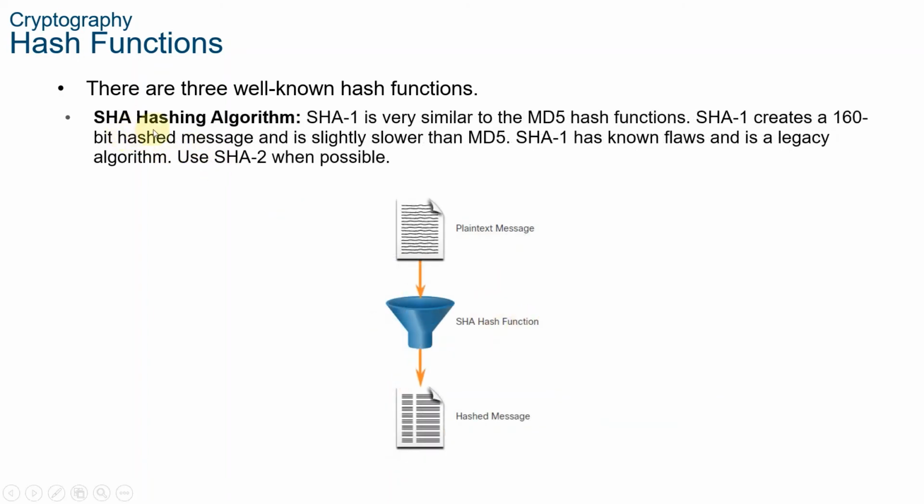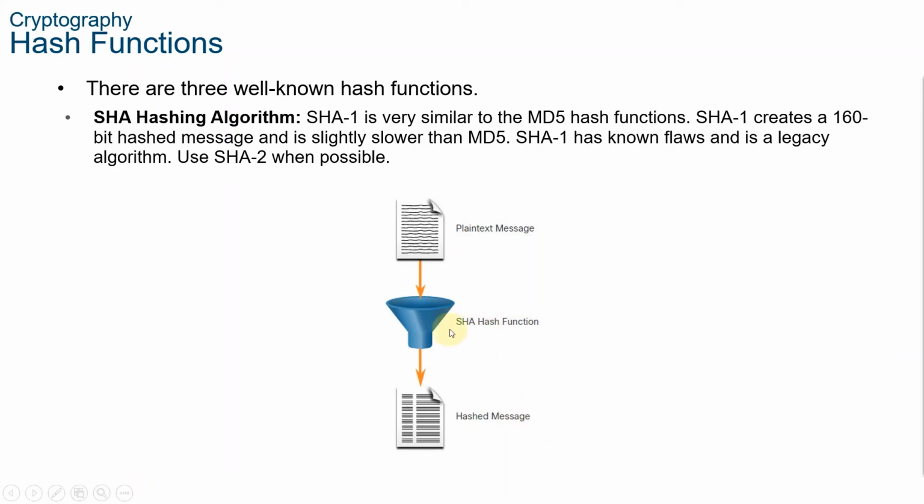Next is the SHA hashing algorithm. SHA-1 is very similar to MD5. Several versions exist. SHA-1 creates a 160-bit hashed message and is slightly slower than MD5. SHA-1 has known flaws and is also a legacy algorithm. So again, we are recommending the use of SHA-2.